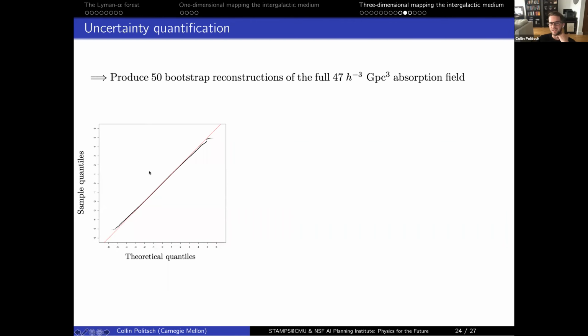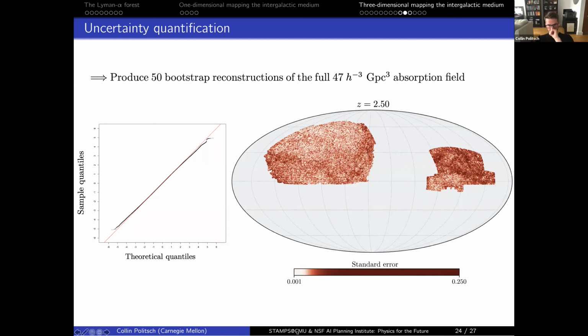So it's not expected a priori that the sampling distribution of this three-dimensional model would maintain its Gaussianity, but it is very, very close to Gaussian, which is very convenient for us because then we can just record in our database the estimated point estimate Lyman alpha flux contrast and the standard errors associated with that Lyman alpha flux contrast.